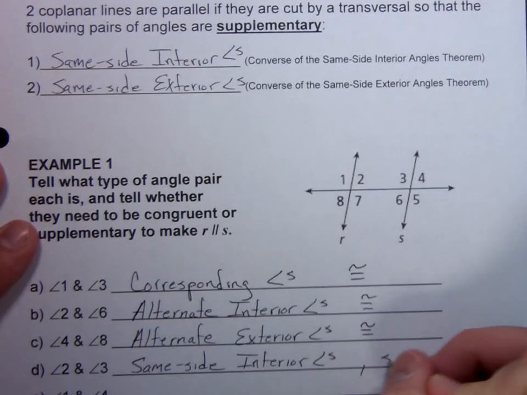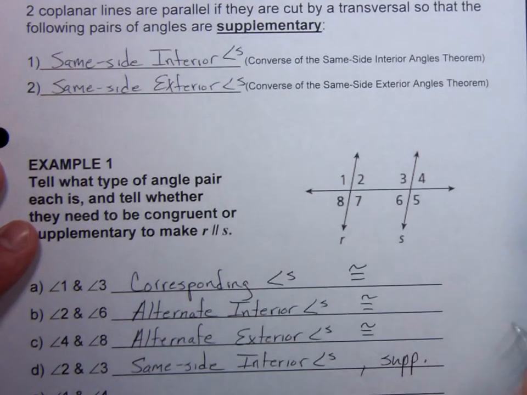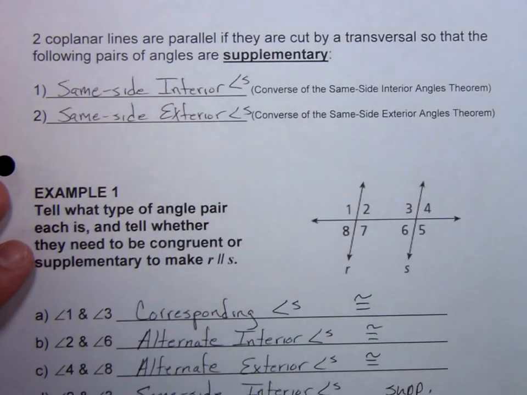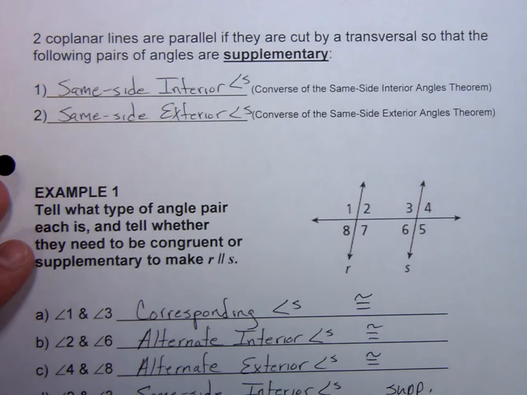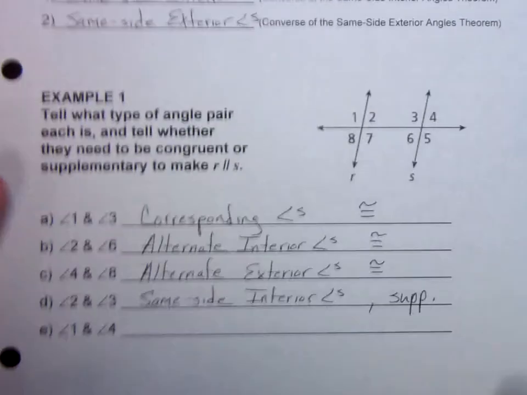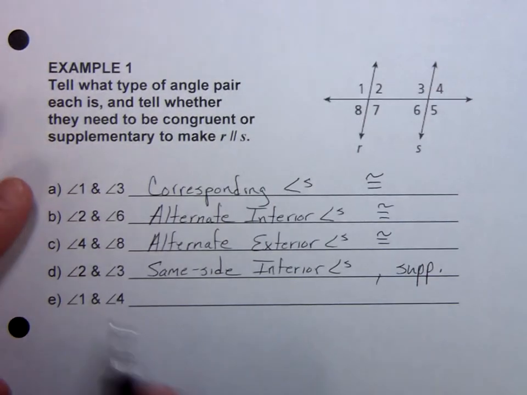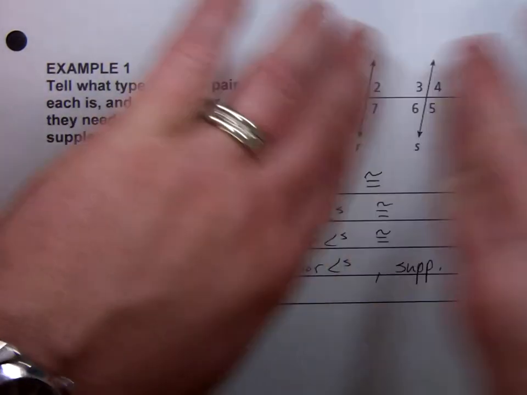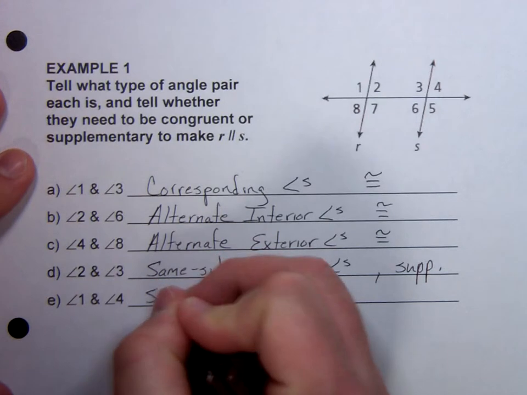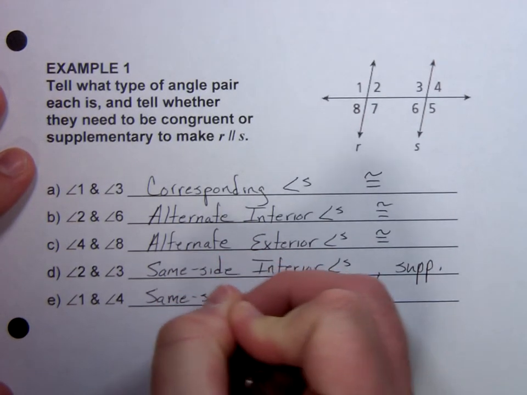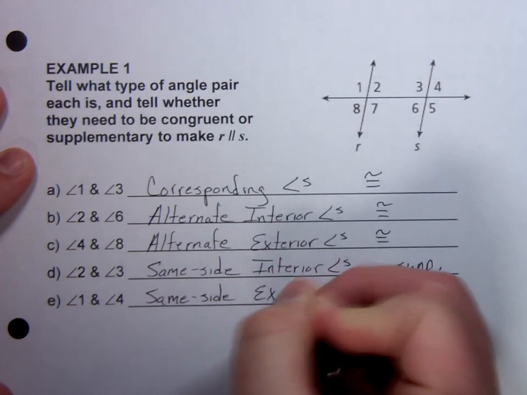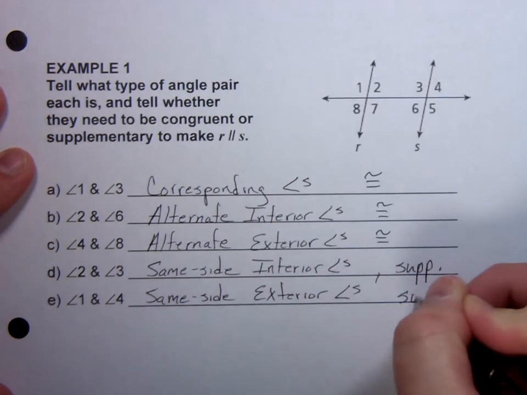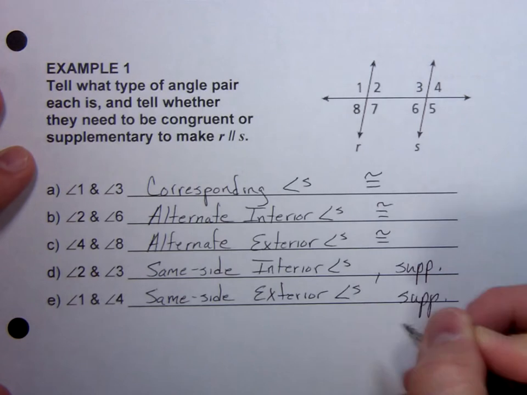And one way you can remember that, the two angle pair relationships we learned that start with S are supplementary if those lines are parallel, or they have to be supplementary to make the lines parallel. And then angles 1 and 4, again, same side of this transversal. Now they're outside the two lines, so they're exterior. So those are same side exterior angles. And they need to be supplementary also for those lines to be parallel.